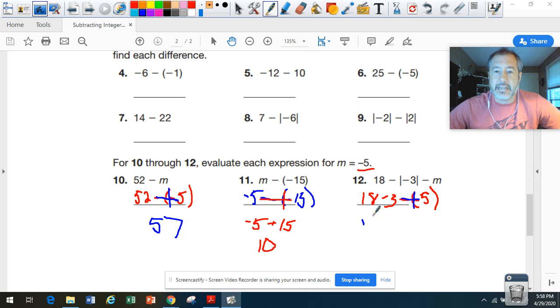I have 18 minus 3 plus 5. Okay, what's 18 minus 3? Correct, 15. Plus 5. 15 plus 5 is 20. Your answer is 20.